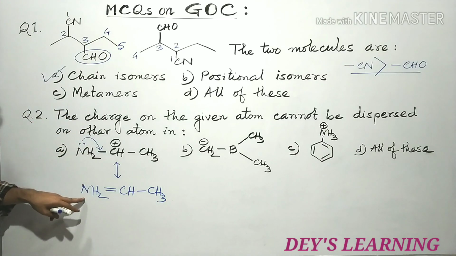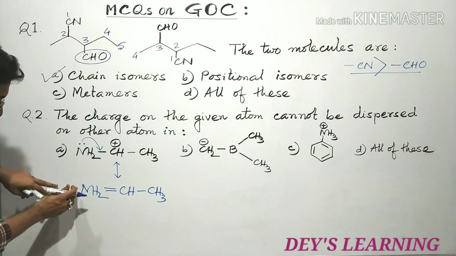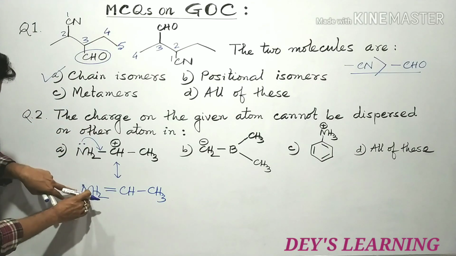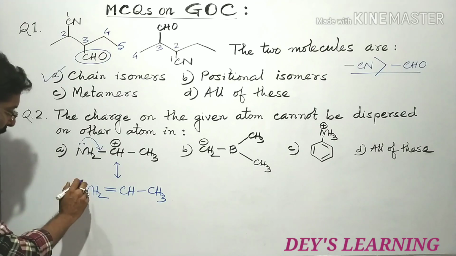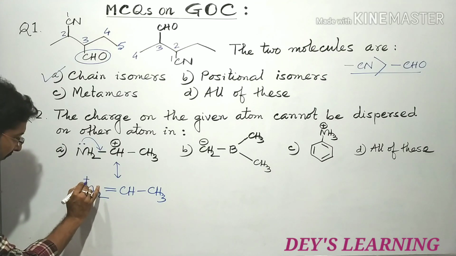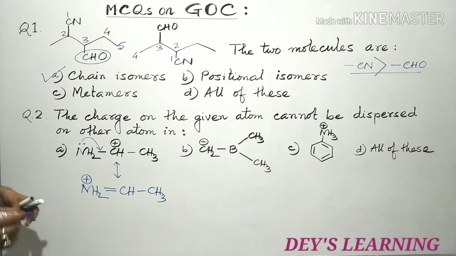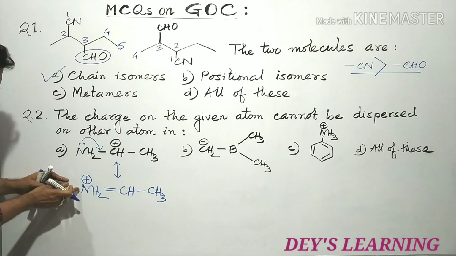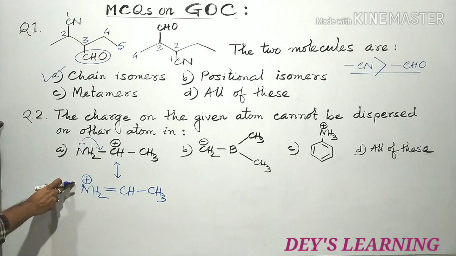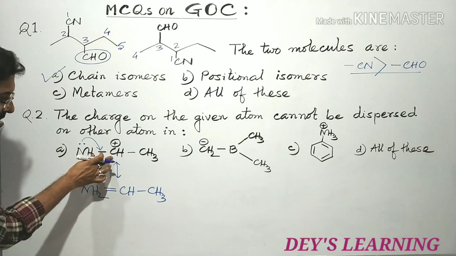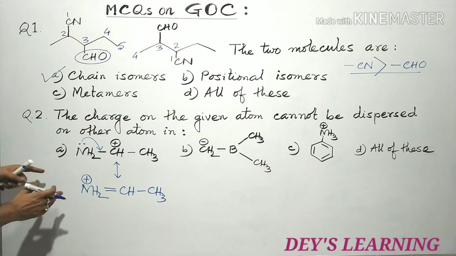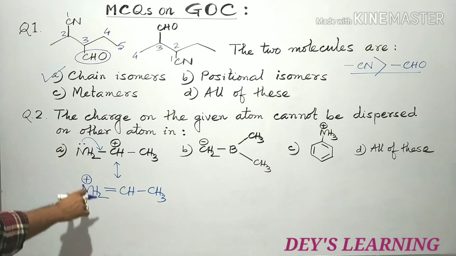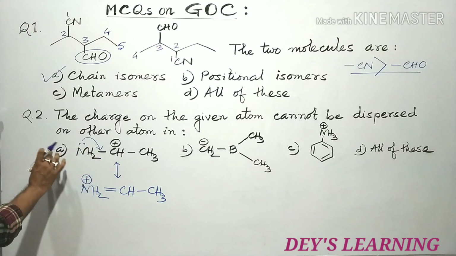Now in this compound nitrogen has 2 hydrogen, so 2, 3, 4, nitrogen has 4 electrons, so positive charge on nitrogen. So the positive charge on carbon is actually converted to the positive charge on nitrogen. So in this molecule the positive charge is dispersed.